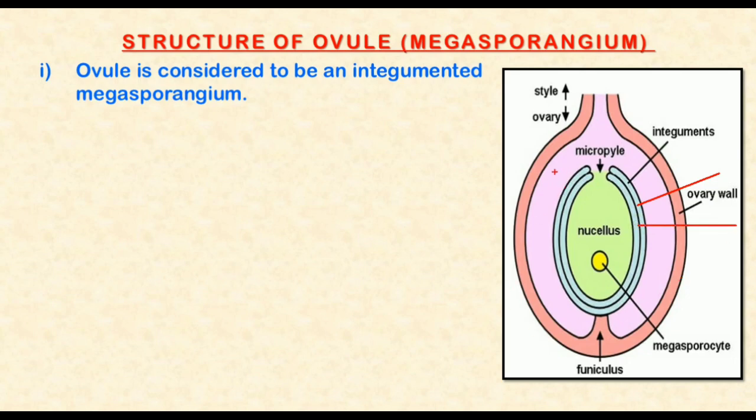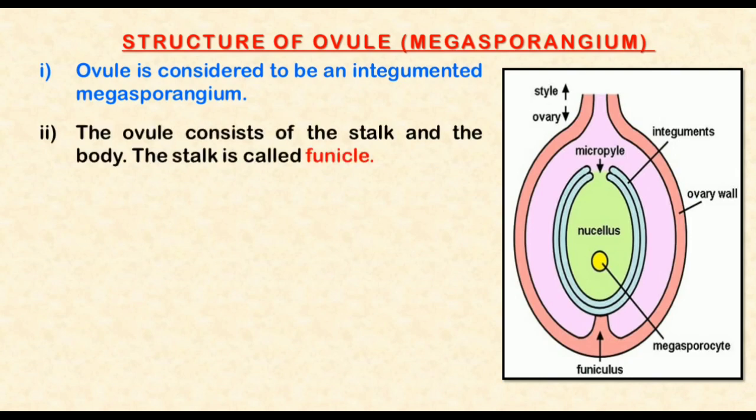This complete region is the ovule, which is present inside the ovary. So it is the integumented megasporangium.